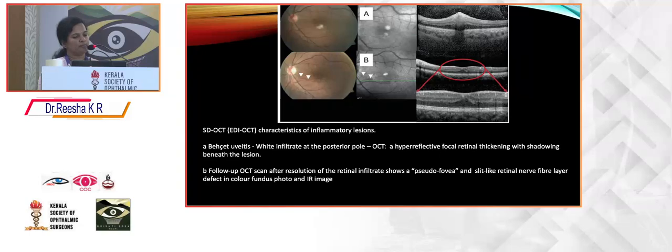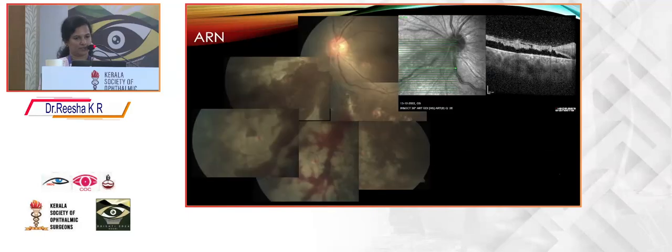It's a case of Behçet uveitis with whitish infiltrate in the posterior pole. OCT shows a hyperreflective focal retinal thickening with shadowing behind the lesion, and as the lesion heals, it forms a pseudofovea appearance due to slit-like retinal nerve fiber layer defect.